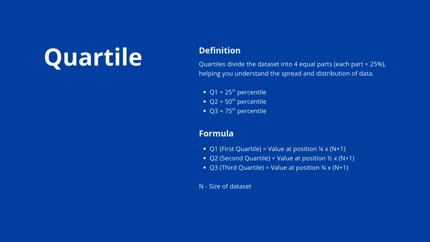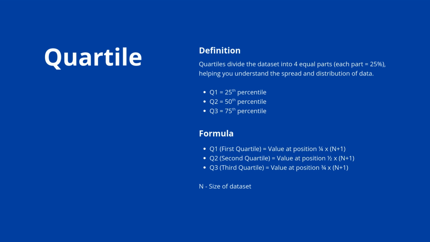And Q3, that's the 75th percentile, where three quarters of your data lies below. With these three markers, you have a powerful snapshot of your data distribution. Quartiles quietly work behind the scenes, telling a big story by slicing data into four parts.